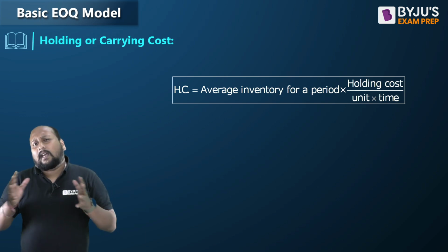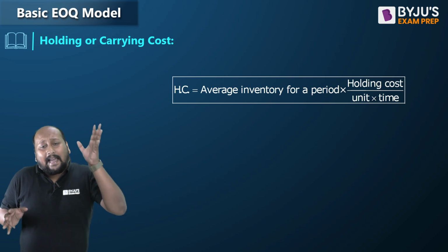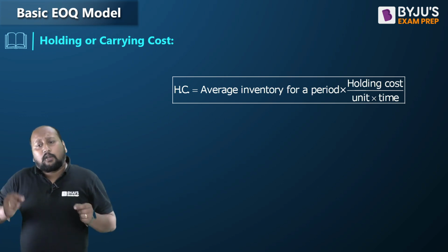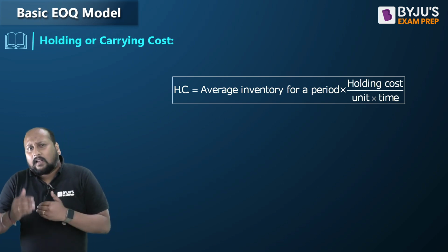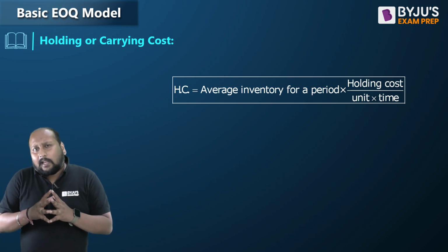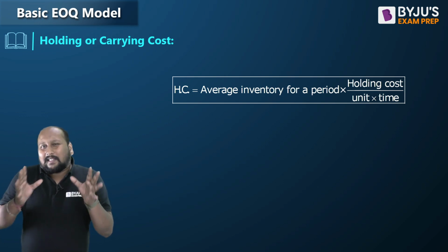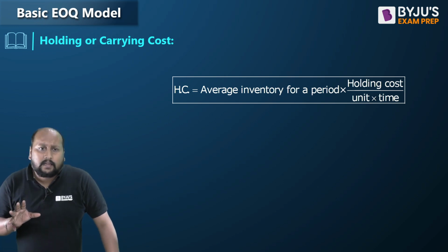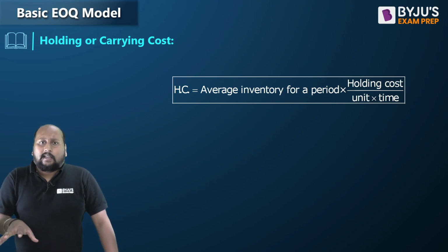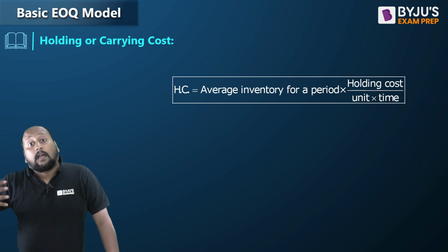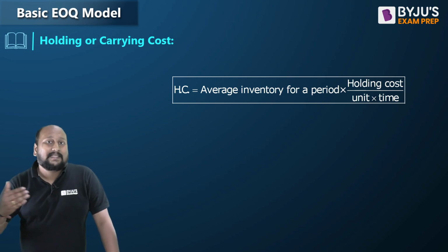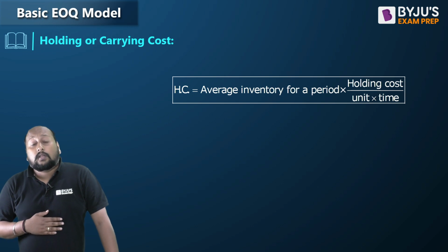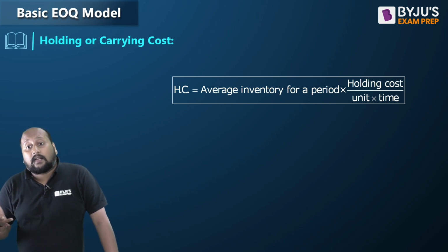right? And how we can define holding cost is nothing but the average inventory for a time period into holding cost per unit time. We'll be seeing the expression later on, because it's very important that you should know the basic understanding of holding cost, right? So all the costs associated with holding that material in the storehouse also include the cost of depreciation, or the cost associated with keeping that material in good condition.